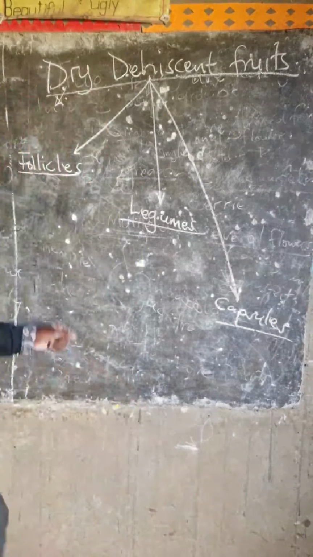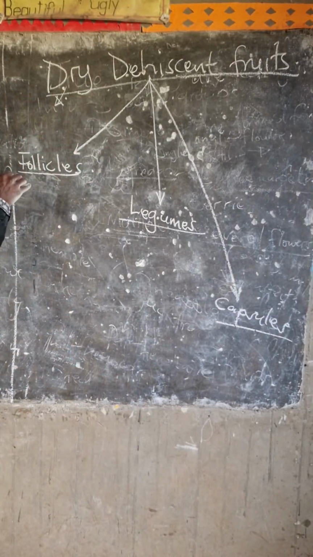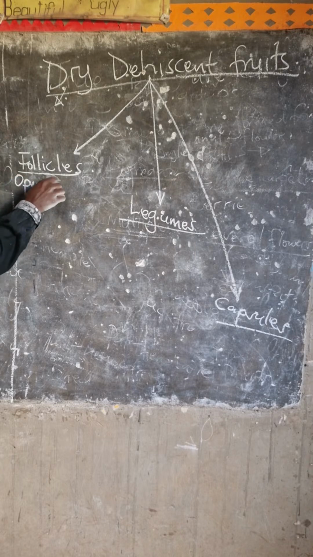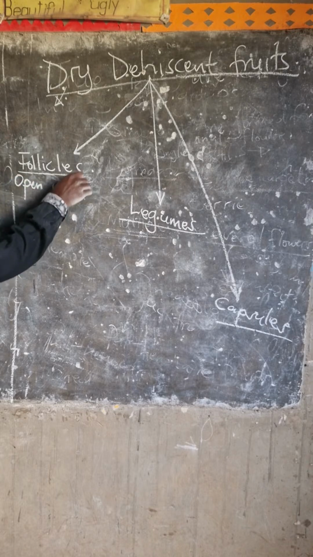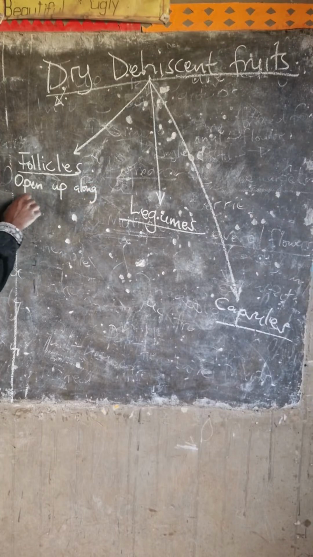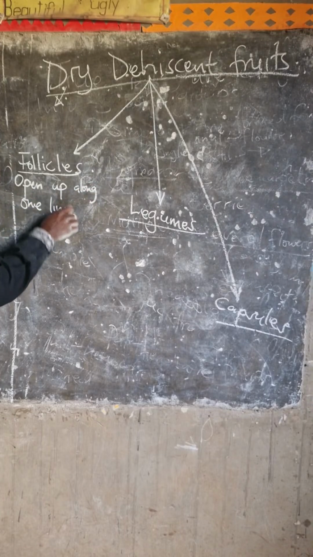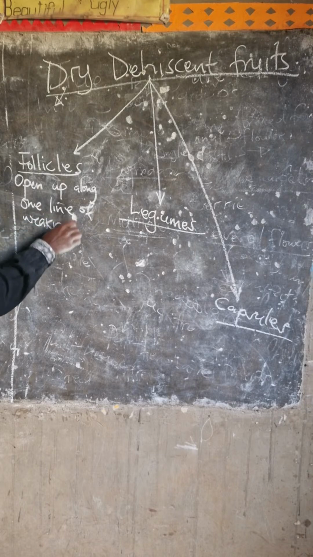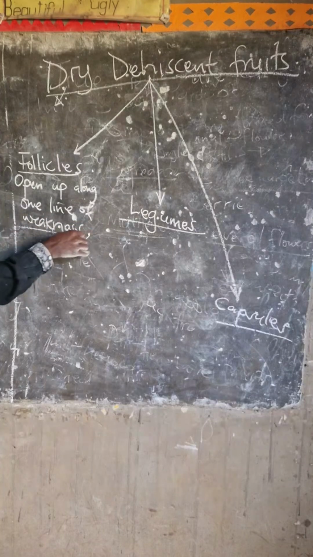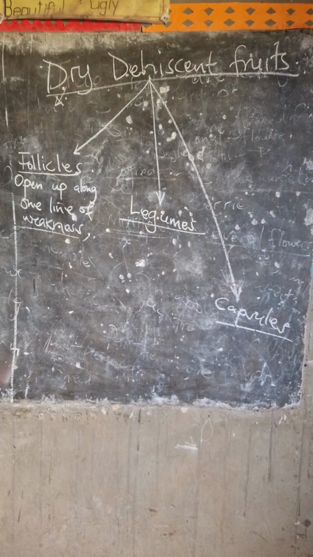Let me hope we are moving. The follicles, these ones all open up along one line of weakness. When dry, they only have one line of weakness.